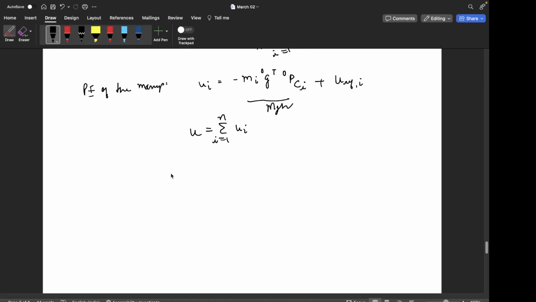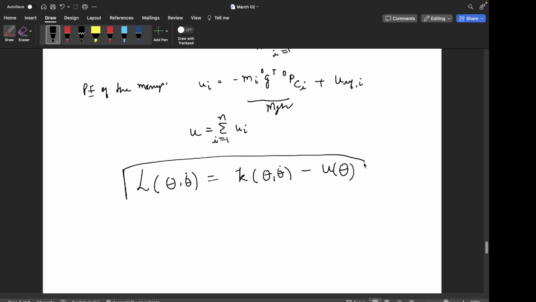Now the Lagrangian, which is dependent on the joint angle vector and joint velocity vector, is defined as the difference of the kinetic energy and the potential energy. This quantity is called the Lagrangian of the system.